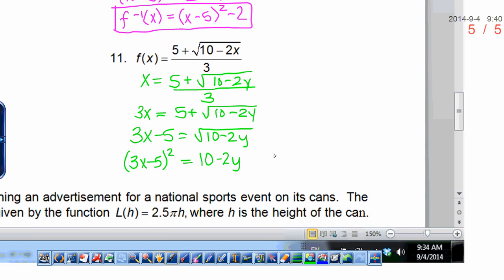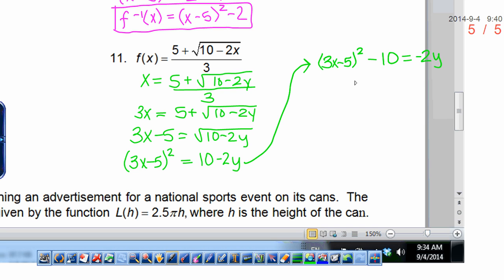Good. Minus 10 would be our next step. So I have 3x minus 5, the quantity squared, all minus 10, is equal to what? Negative 2y. Good. The last step would be to divide by negative 2.